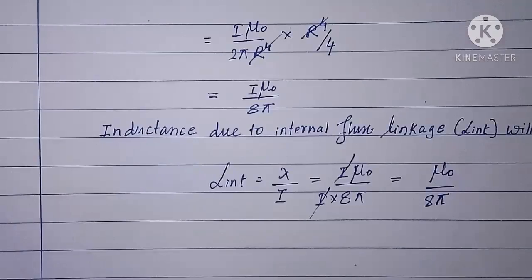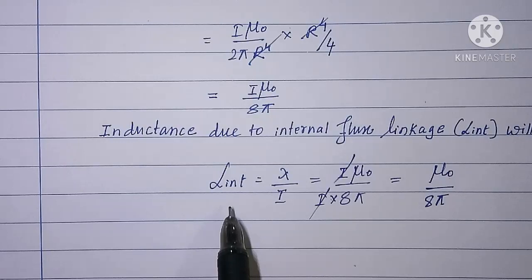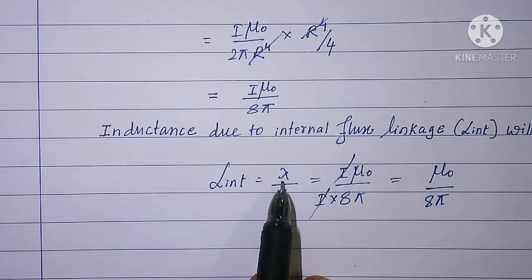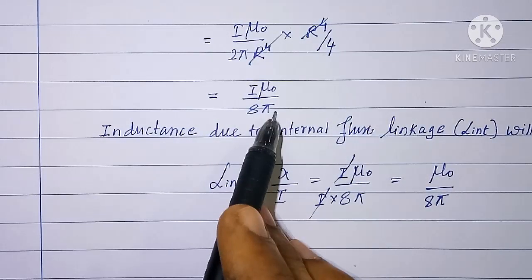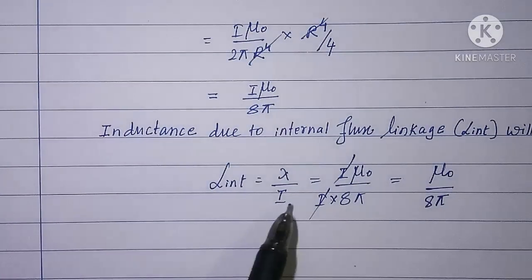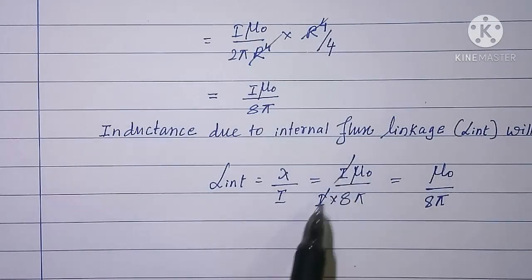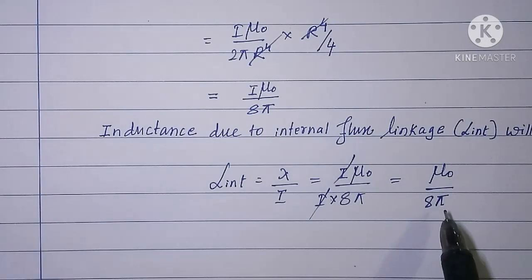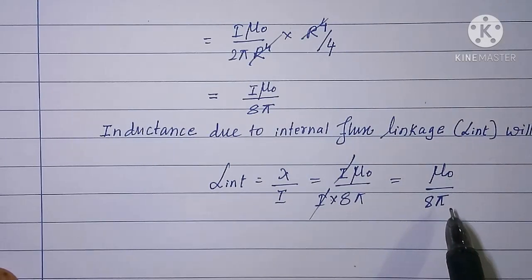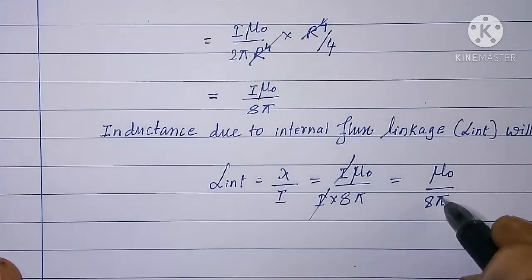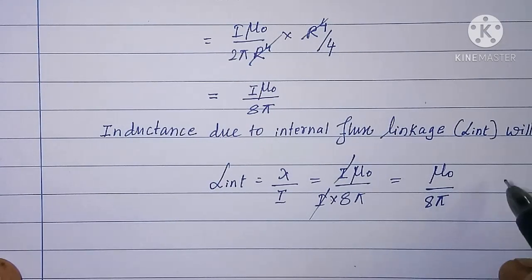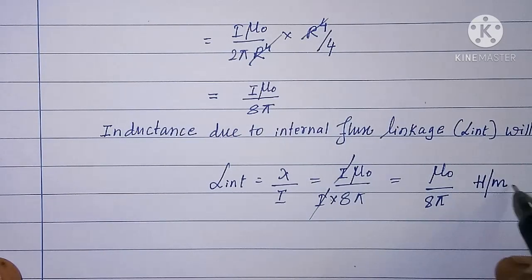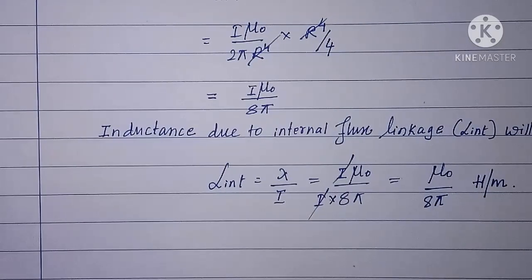Internal inductance is lambda upon I. Substituting for lambda as I μ0 upon 8π and dividing by I will cancel, we get μ0 upon 8π. Since the length of the conductor we have considered as 1 meter, this will be the inductance per meter length of the conductor, that is Henry per meter.